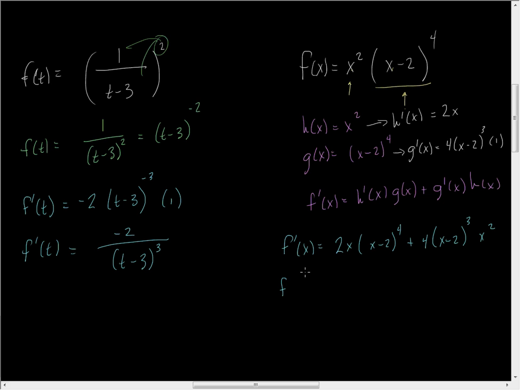F prime of x is equal to 2x times x minus 2 to the 4, plus 4x squared times x minus 2 to the third. And I suppose if you really wanted to, you could expand this out, and you could combine like terms and make it look nice, but I prefer to leave it just like that. I don't see any particular need to continue on.